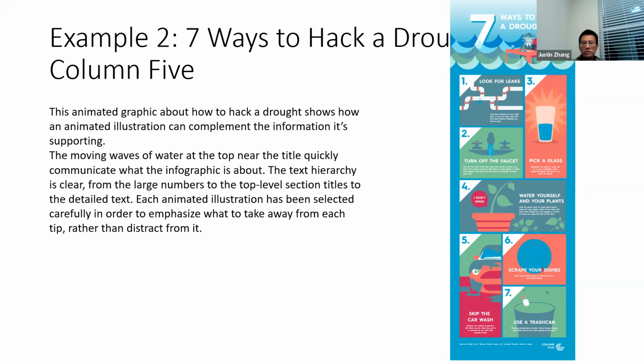And also we see this text hierarchy from the large numbers to the top level section title to the detailed text. Each animated illustration has been selected carefully to emphasize the main takeaway from each tip.